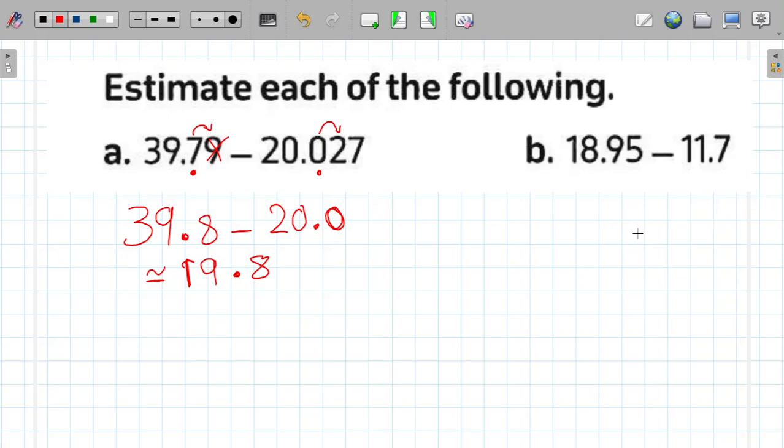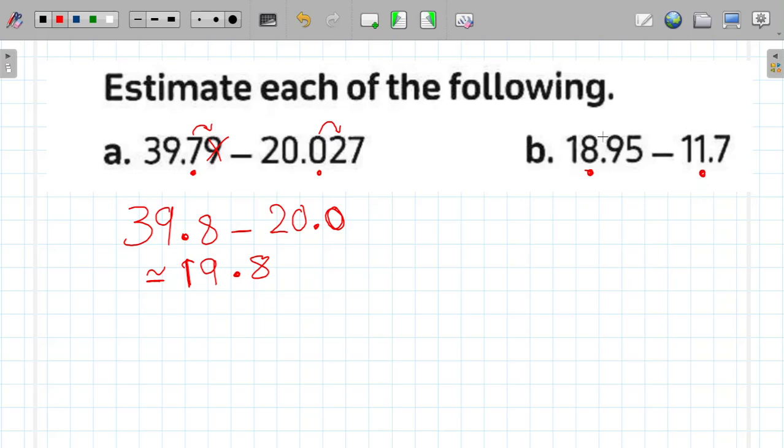Next, in the second one, I will choose the nearest ones or the nearest unit, okay? So I have here 8, and here I have 1.